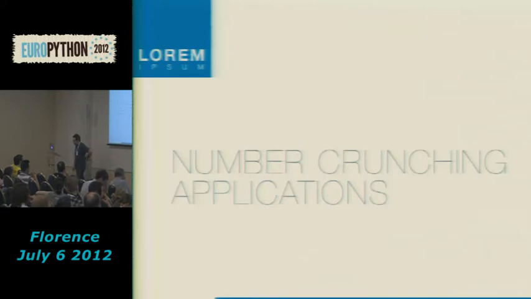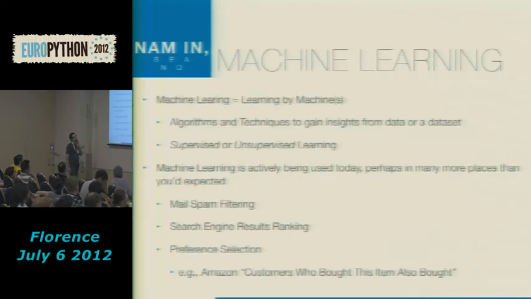Well, now the idea is to try to apply all this stuff in some more appealing applications, such as machine learning. Machine learning is a very interesting field, and in particular, machine learning means learning by machines. We are not going to talk to computers with machine learning, but what we're trying to do is to apply algorithms and techniques to gain insights from data or data sets.